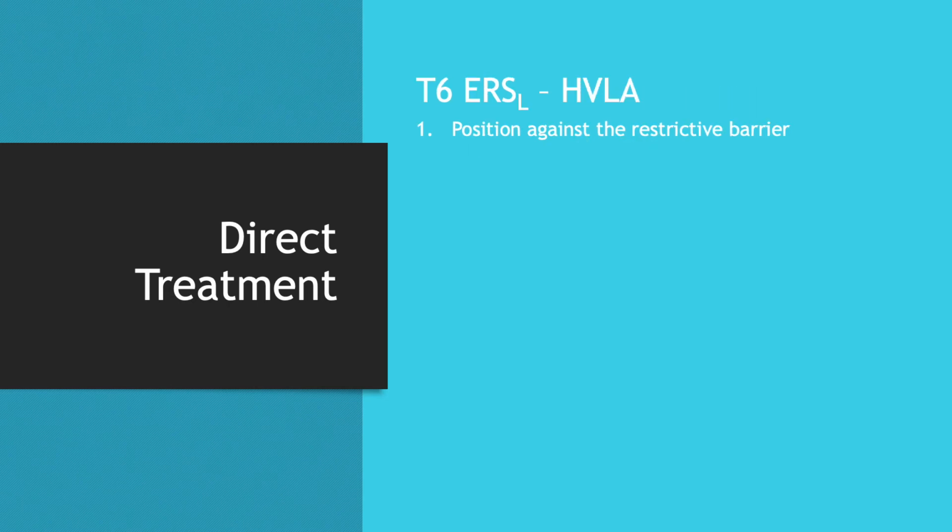Now, HVLA. I do HVLA. However, I'm very selective. And I'd like to say that when I do HVLA, I'm doing it with the mindset that I am treating something that is fibrotic. There is some scar tissue, and I want to mobilize it.